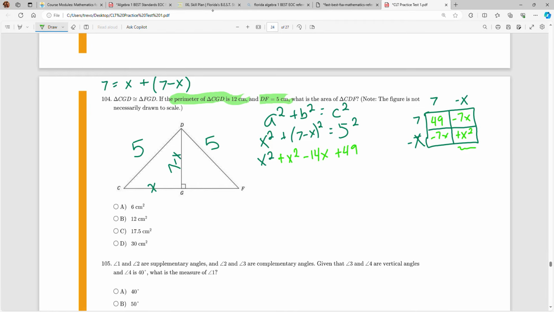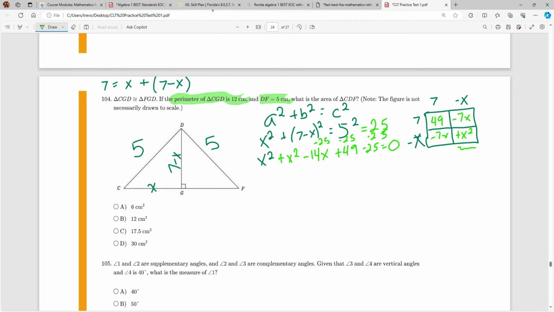And then to save myself a little bit of time, 5 squared, 5 times 5 equals 25. I can subtract 25 on both sides of my equal sign. Minus 25, and that's going to put all of this as equal to 0.